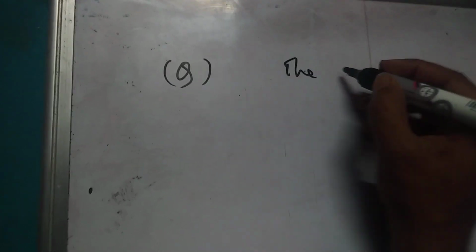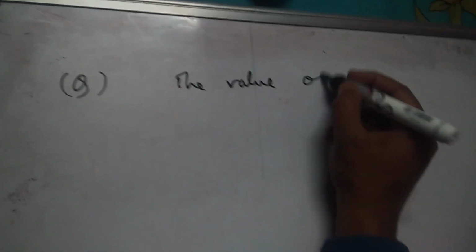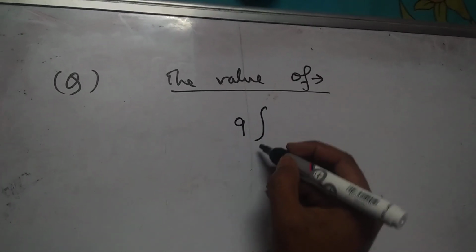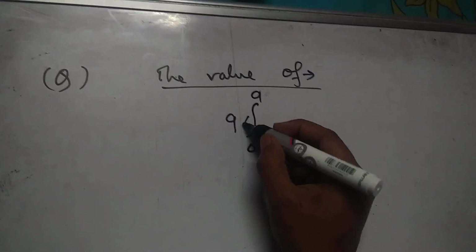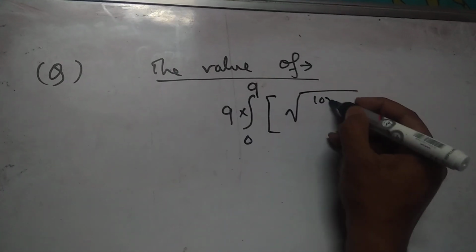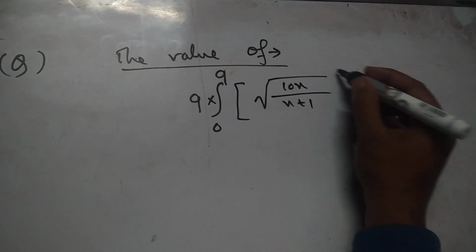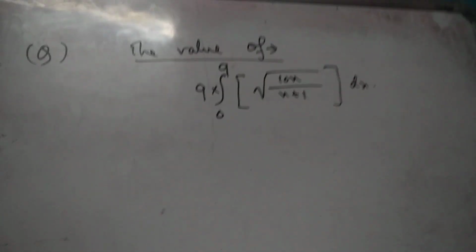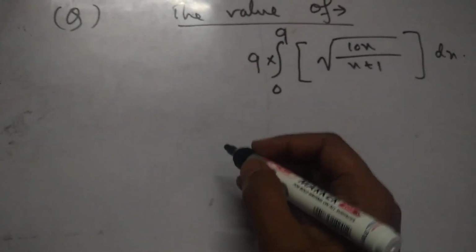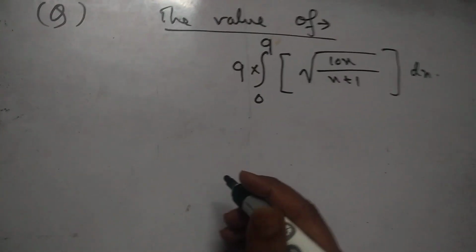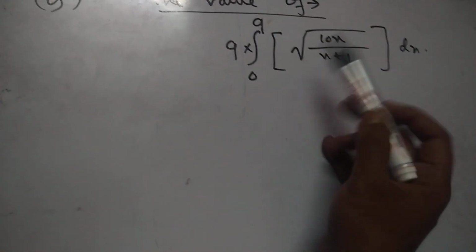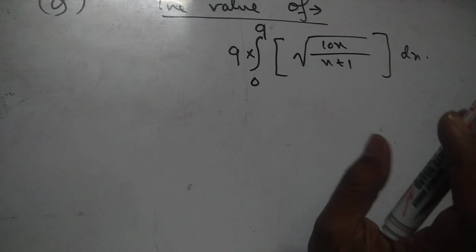So the value of nine times integration 0 to 9 of box root 10x upon x plus 1 dx. So this is a very good question actually. Okay, so how to solve it? First of all, see, if we put x 0, this thing becomes 0, means box is 0, right?